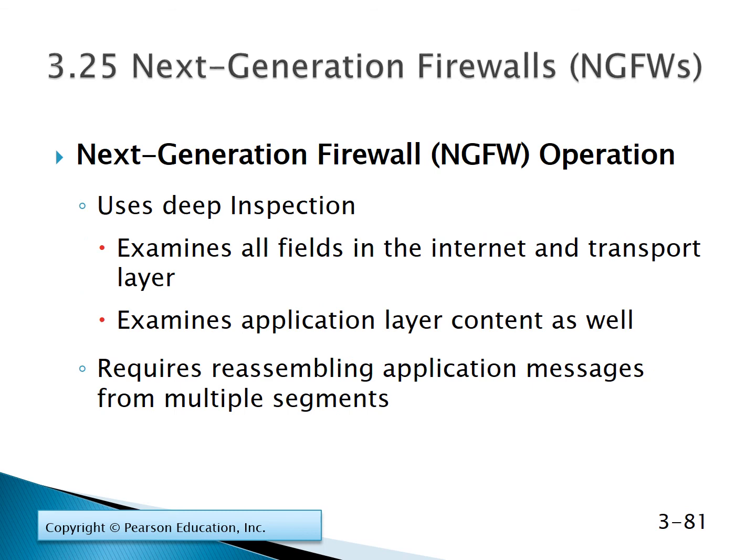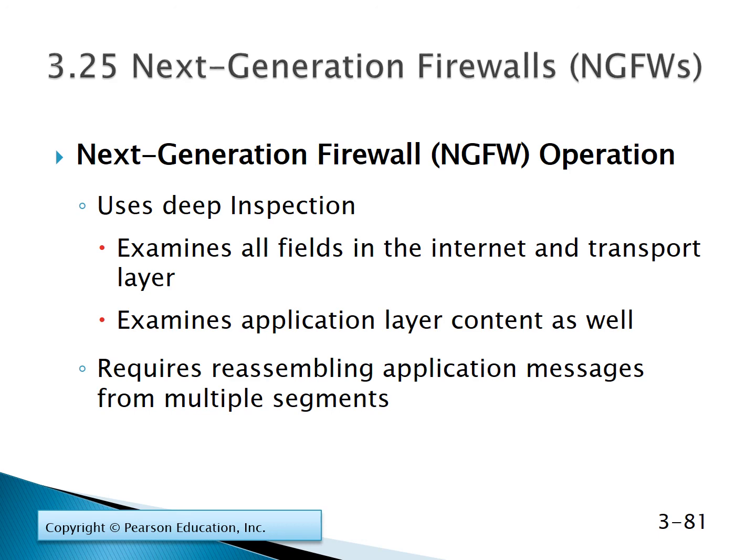So people are now talking about next generation firewalls. These are better firewalls that use deeper inspection. They will examine all the fields in the internet layer and also the transport layer. So it's not just looking at whether it's opening a connection or not; it's looking at all the fields in the headers of the layers.